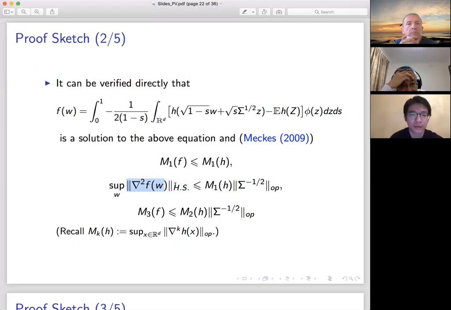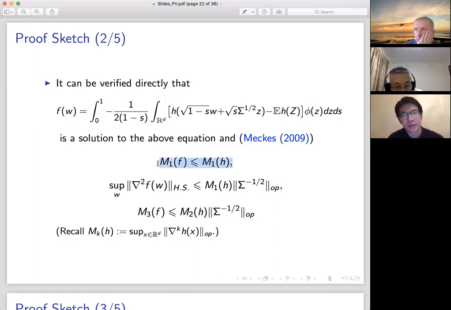The second derivative is bounded above by the first derivative of the test function times the operator norm of the inverse square root of the covariance matrix. And the third order derivative of f is bounded by the second order derivative of h times that. That's precisely where Max had this dependence on the second order derivative of the test function h.